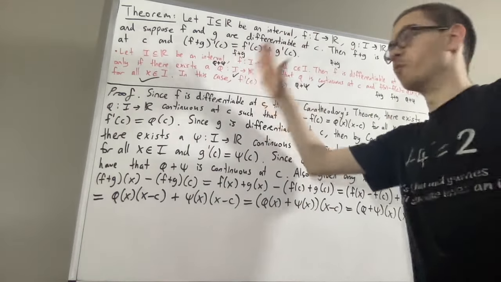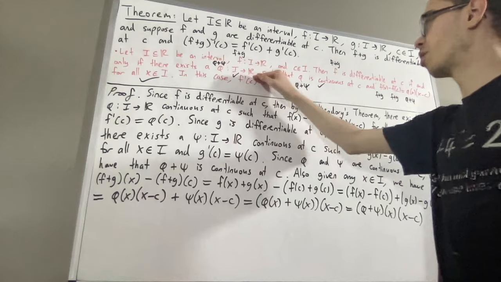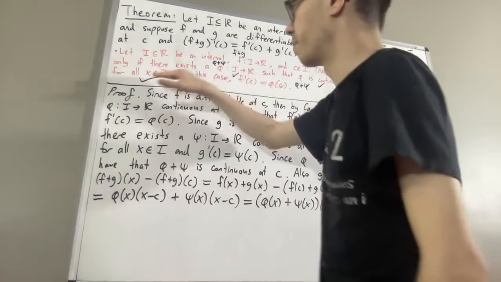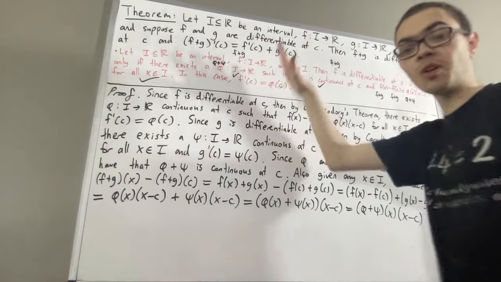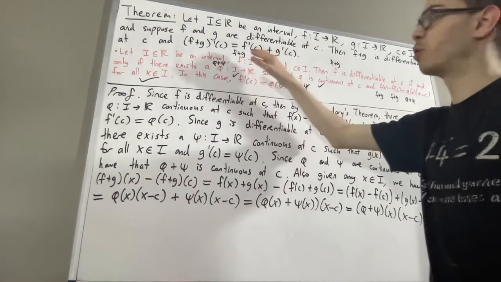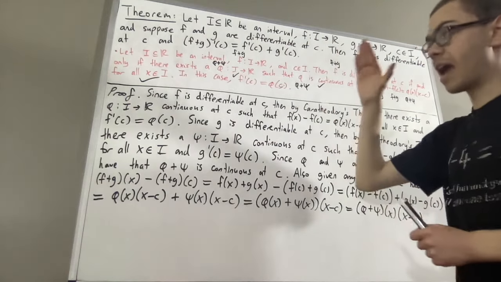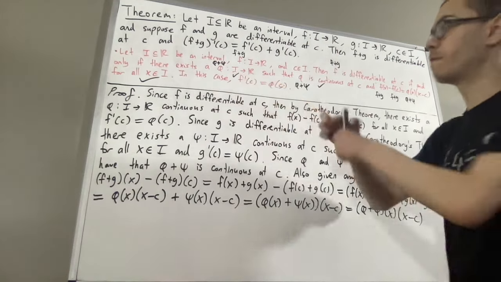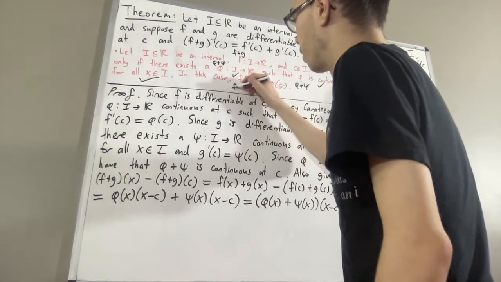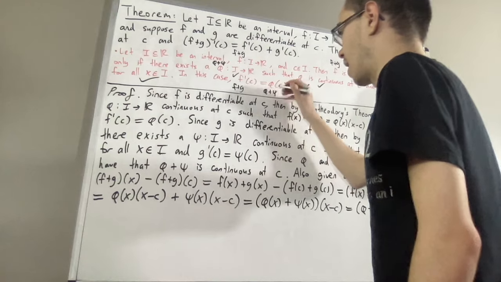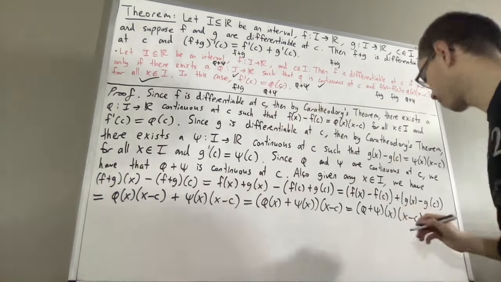And so we have shown that there exists a function from I to R, continuous at c, that satisfies this condition. So according to Carathéodory's theorem, that tells us f plus g is differentiable at c. And in fact, the derivative of f plus g at c is phi plus psi evaluated at c.